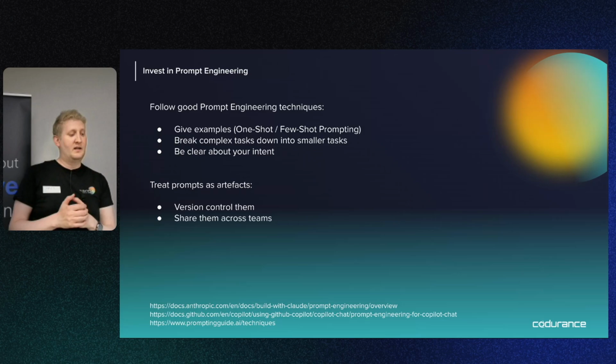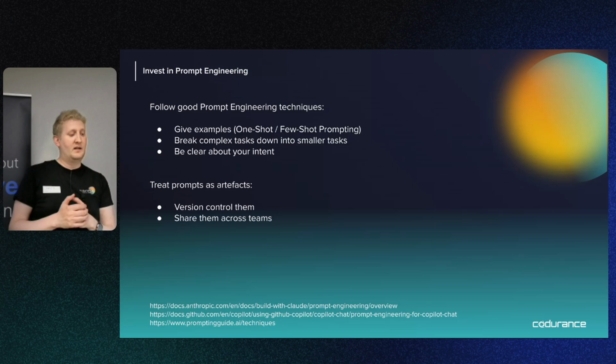I also think, where we are seeing it at Codurance, the prompts are becoming artifacts in themselves within the software development process. Increasingly, the prompts we use to interact with the tools are going to be first-class citizens.